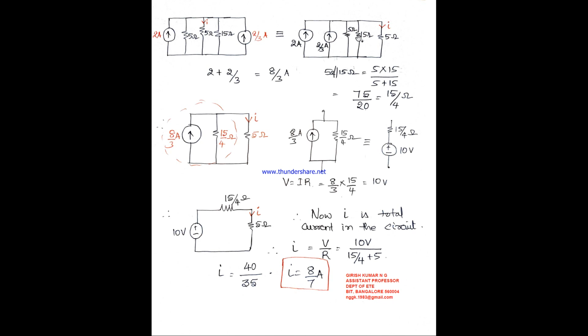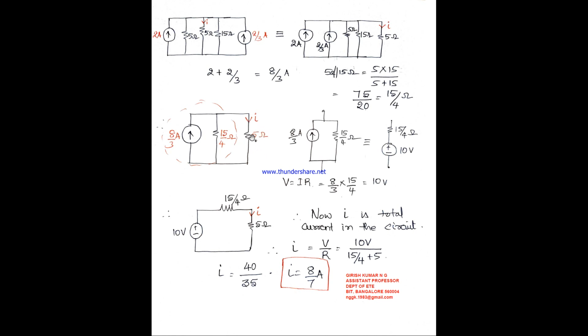Very easy now. So 2 plus 2 by 3 you get 8 by 3, and then 5 ohms in parallel with 15 ohms. So 5 into 15 divided by 5 plus 15, you get 75 by 20, which is 15 by 4 ohms. So here a current source 8 by 3 amps in parallel with 15 by 4 ohms and in parallel with 5 ohms.